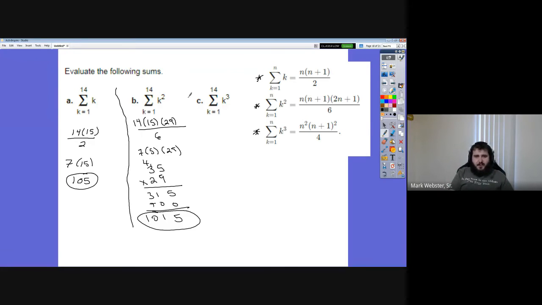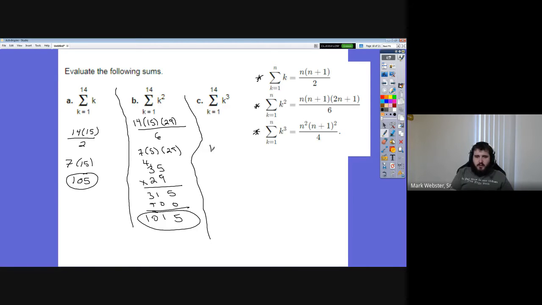And then the same thing for this one. We're going to do the exact same thing here. We're going to add up all the indexes cubed: 1 cubed plus 2 cubed plus 3 cubed plus 4 cubed, all the way up to 14 cubed. And again, I don't want to have to do that by hand. Luckily, I have this right here.